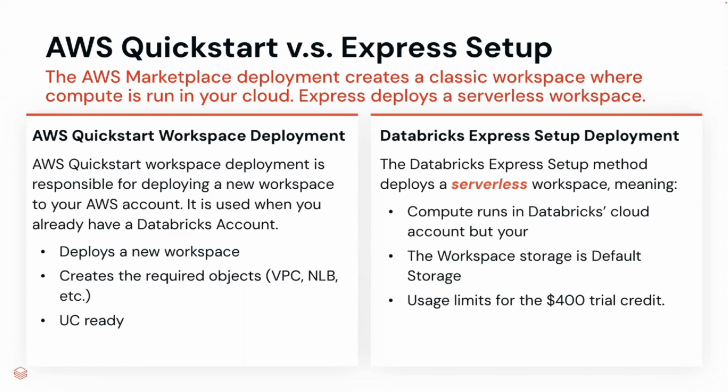So the main difference between the two is that the AWS Quick Start will deploy the required configuration, connections, and resources within your AWS account, whereas Databricks Express Setup deploys completely within your Databricks account, and then you can manually make connections into your AWS account afterwards.